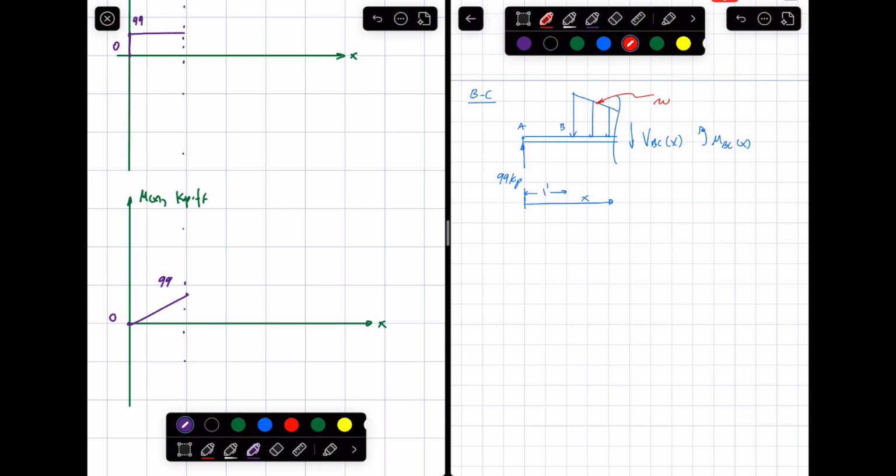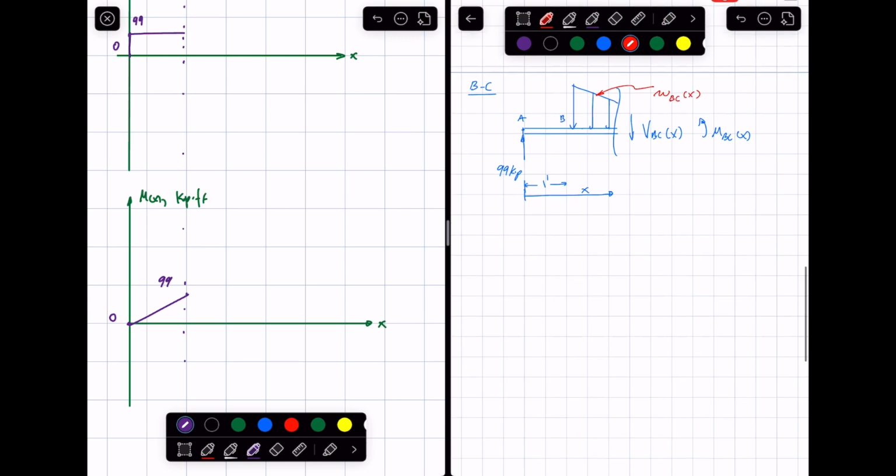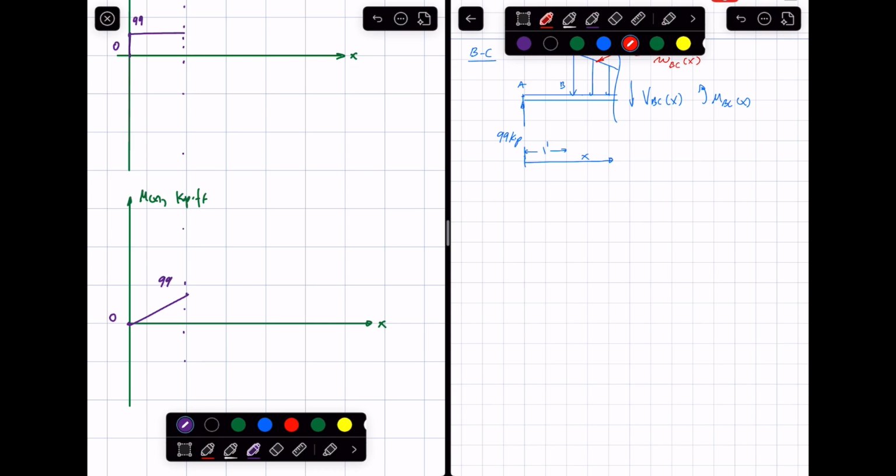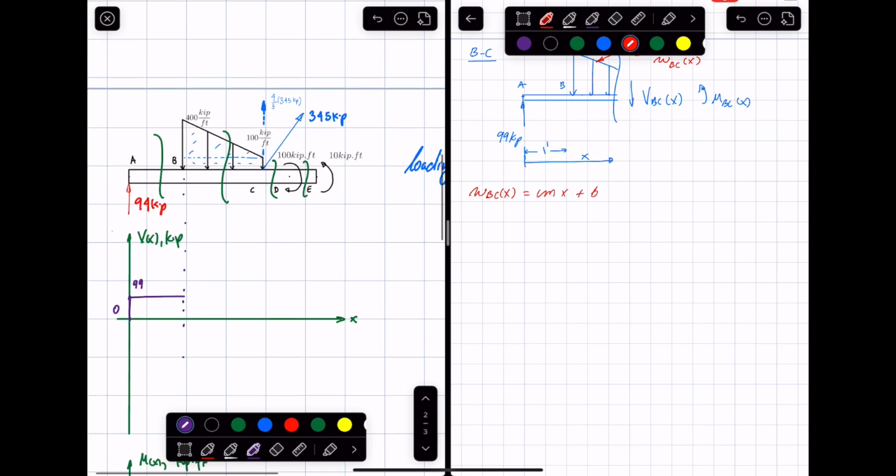For the distributed load here, we do have a function WBC of X. We need to determine what that function is if we wanted to integrate it to obtain the shear. Because it's a linear equation, it's simply mx plus b. Using our loading diagram, we can calculate the slope.